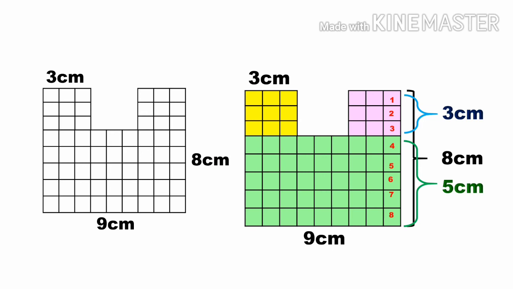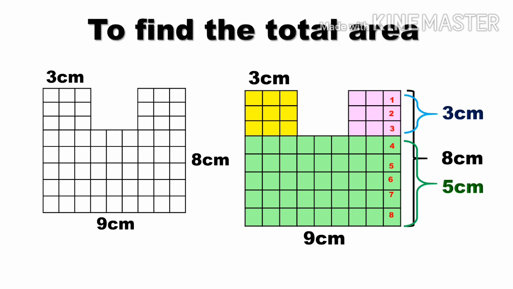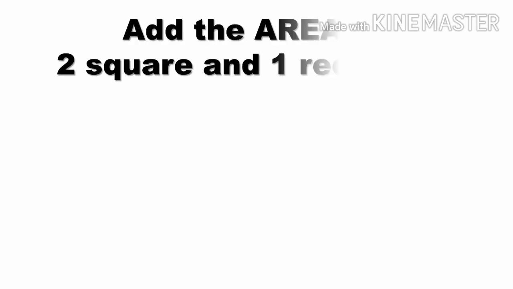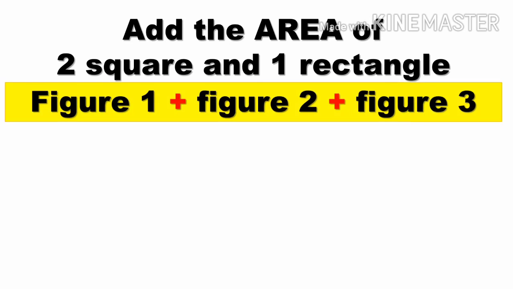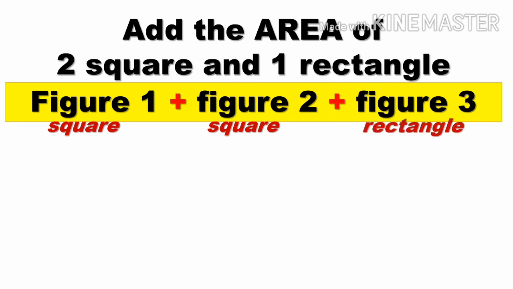And now, to find the total area of the given irregular figure or irregular shape, we are going to add the area of 2 squares and 1 rectangle. We have figure 1 plus figure 2 plus figure 3. Figure 1 is a square, figure 2 is also a square, and figure 3 is a rectangle.